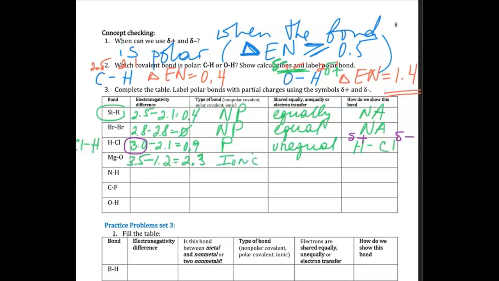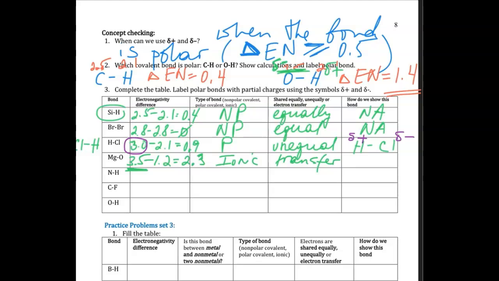And when we imagine this molecule, hydrogen and chlorine bonded together, we need to understand that near the chlorine there will be more electron density than around the hydrogen.